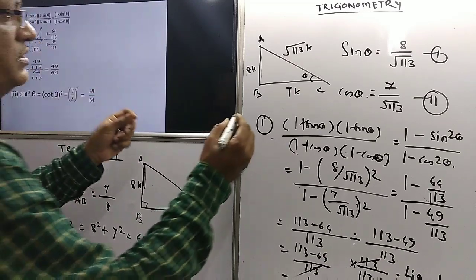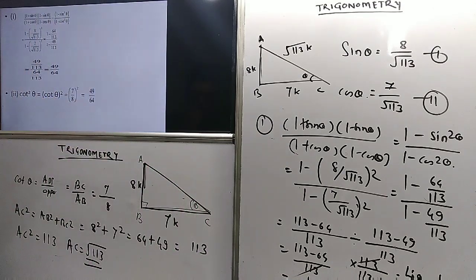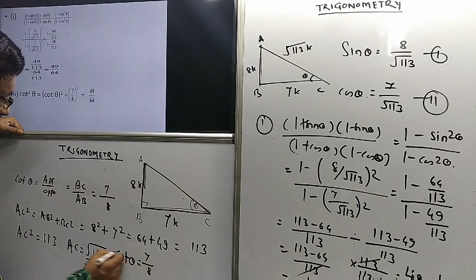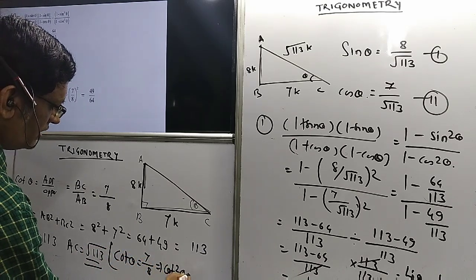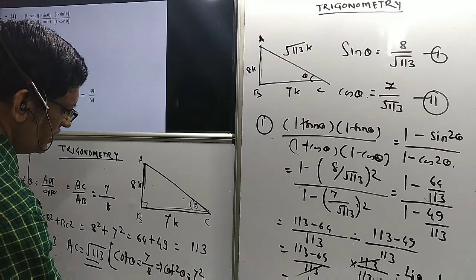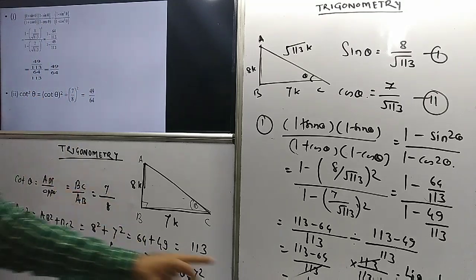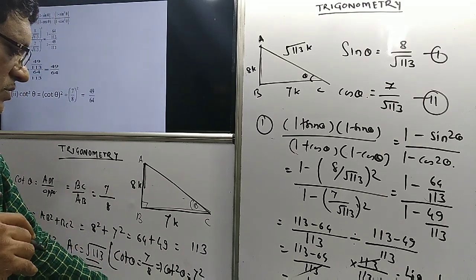So this value becomes 49 by 64. Now you know the cot value: cot theta is equal to 7 by 8. So cot theta is equal to 7 by 8, which implies cot square theta is equal to 7 square by 8 square, that is 49 by 64. So this value is also 49 by 64 and cot square theta is also 49 by 64.